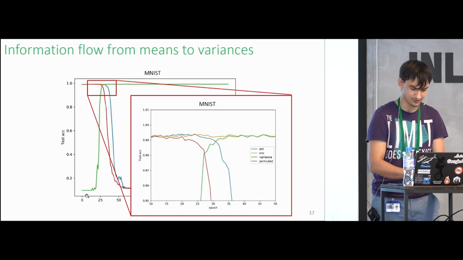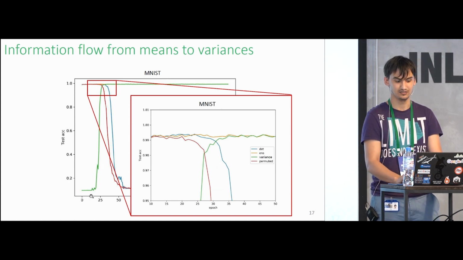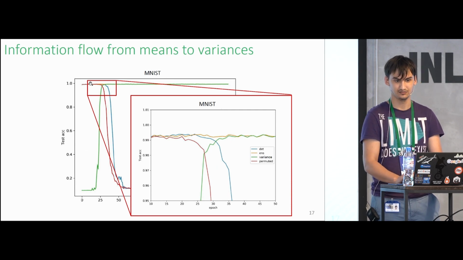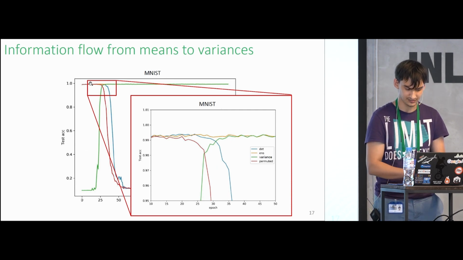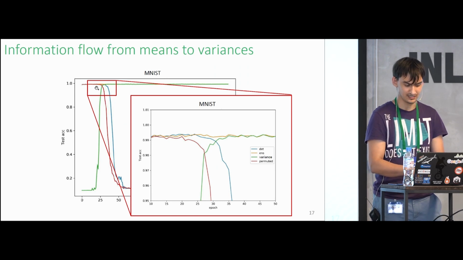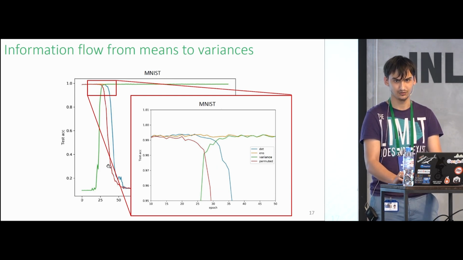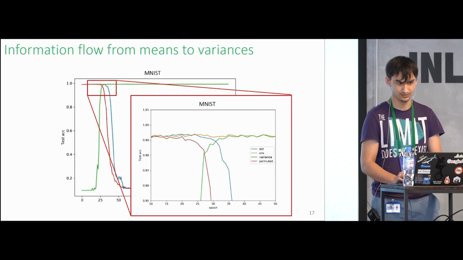So in the first 20 epochs, you can fully rely on your mean to obtain high quality predictions. But then, as soon as the variance prediction starts to grow, the deterministic prediction starts to go lower, and you can only use one of them to perform good predictions.